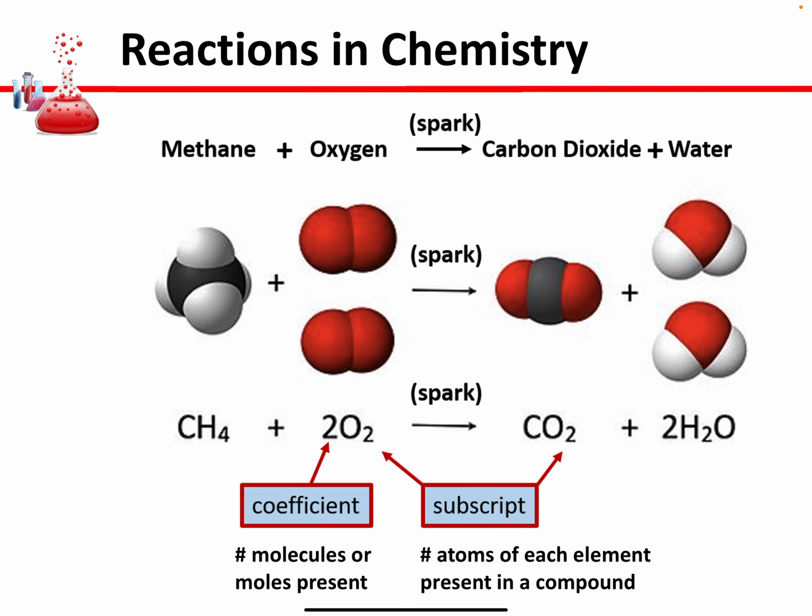If each CO2 molecule has 2 oxygens, and we have 7 of them, how many oxygens are in this one? 14, yes. 7 times 2 is 14. And for 8 waters, how many oxygens? 8. So on this side, how many oxygens should I have total? 22.